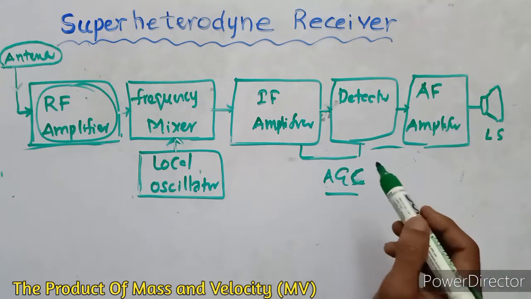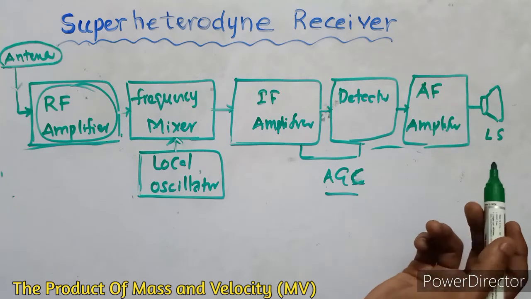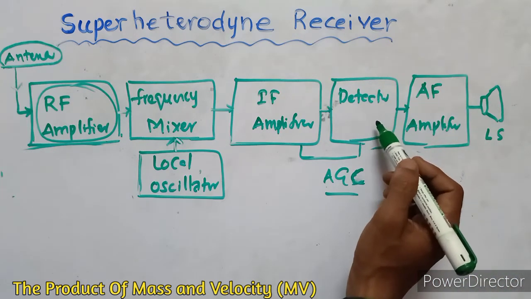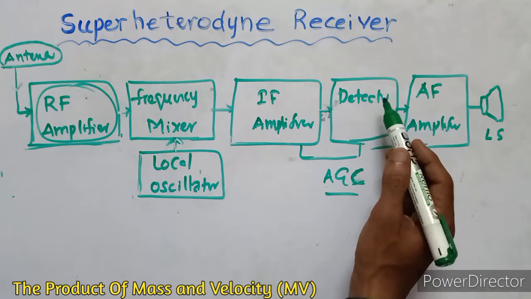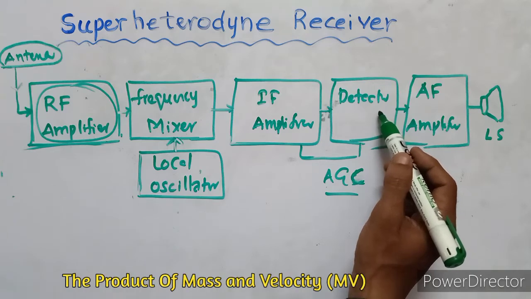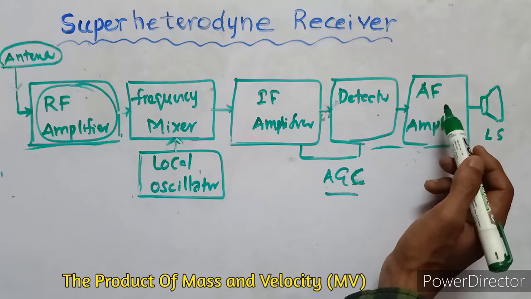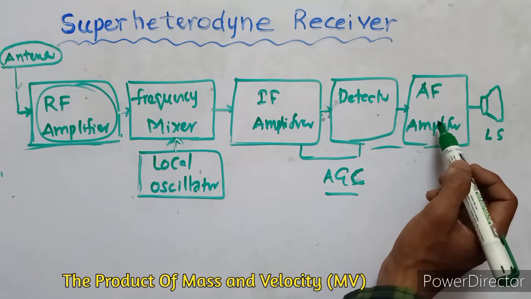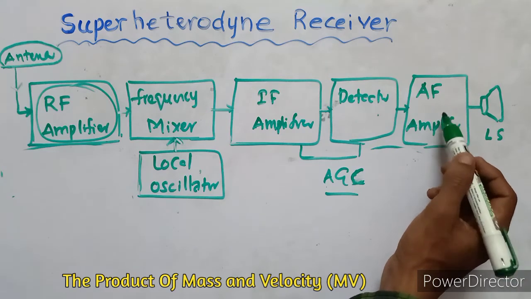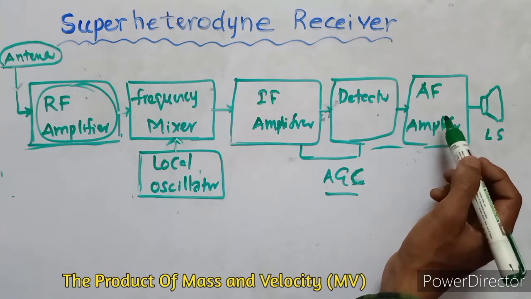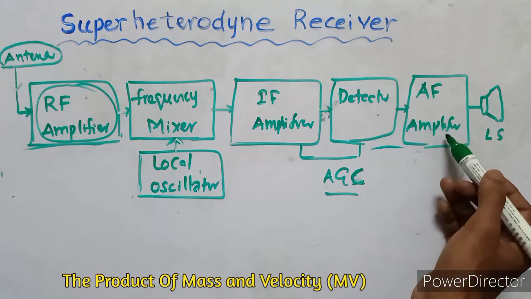So whatever audio frequency signal you require is separated here. The separated output of the detector is the input of the audio frequency amplifier. Here the audio frequency amplifier filters the pure sound signal and provides additional amplification.